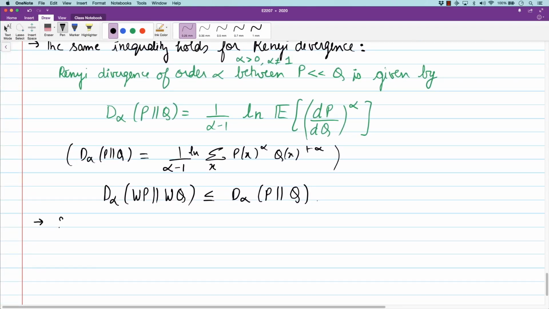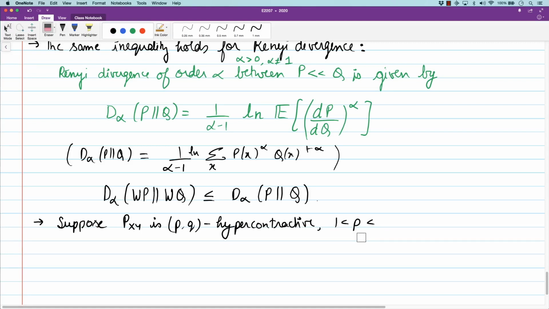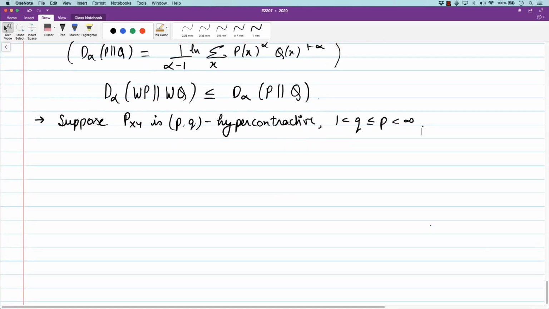So now suppose P_XY is (p,q) hypercontractive, where q is less than or equal to p. Suppose this is true.